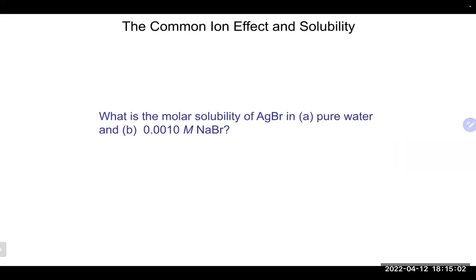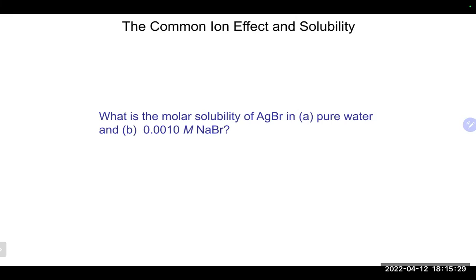So we oftentimes think about solubility rules as being 100% correct 100% of the time, which means if I look on my little solubility table, which they made you learn, and it says this thing's going to be insoluble, we think it's always going to be insoluble.